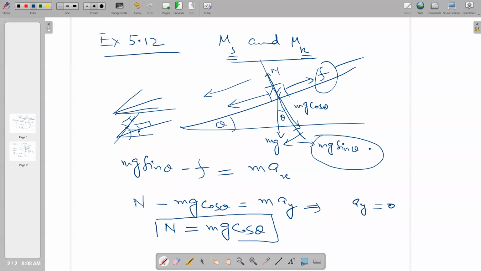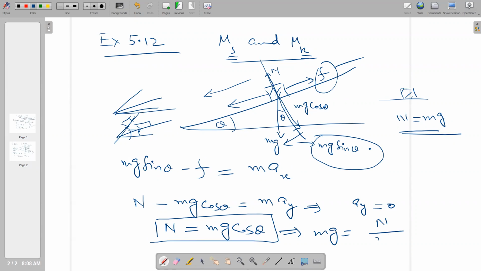Now you can see here N is equal to mg cos theta, but if the body is placed on a horizontal surface, then N is equal to mg. So remember this one. From here, you can find the value of mg, which is equal to N over cos theta, and we put the value in the above equation.